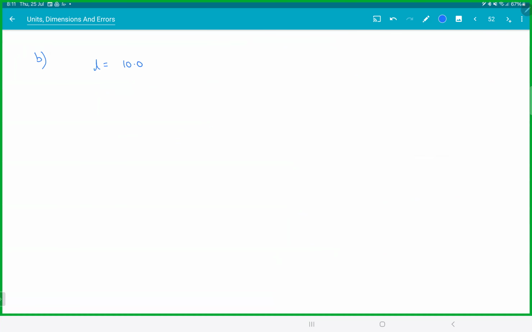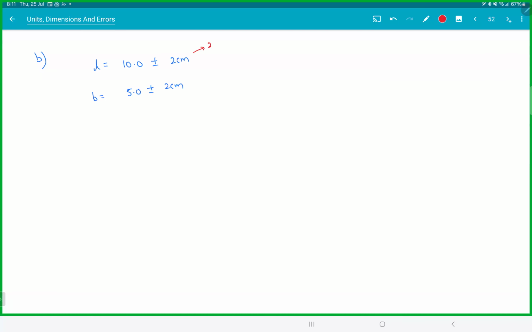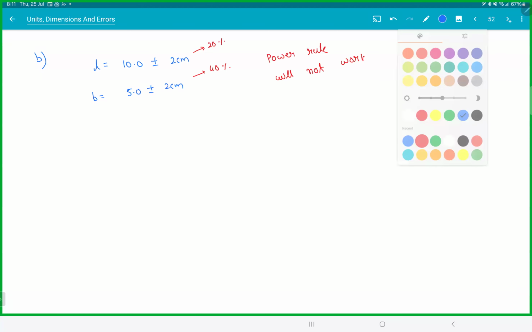This is 10.0 plus or minus 2 centimeters. 5.0 plus or minus 2 centimeters. This has 20% error and this has 40% error. Power rule will go wrong. That's the first thing that should hit you when you see such a big number. But chalo, let's still use it and see what we get.